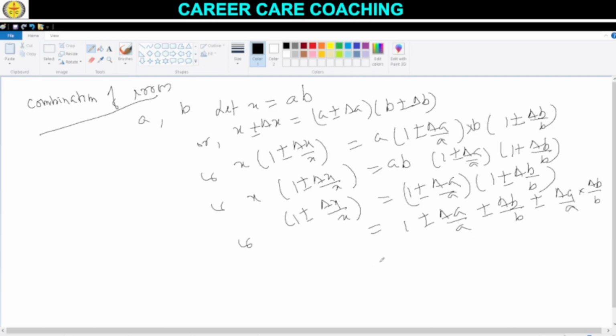So we can write this is equal to 1 plus or minus delta A by A plus or minus delta B by B.